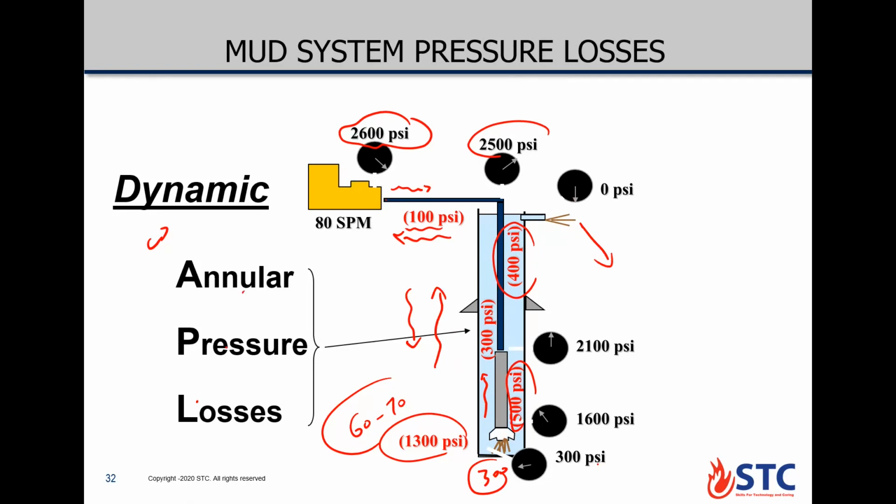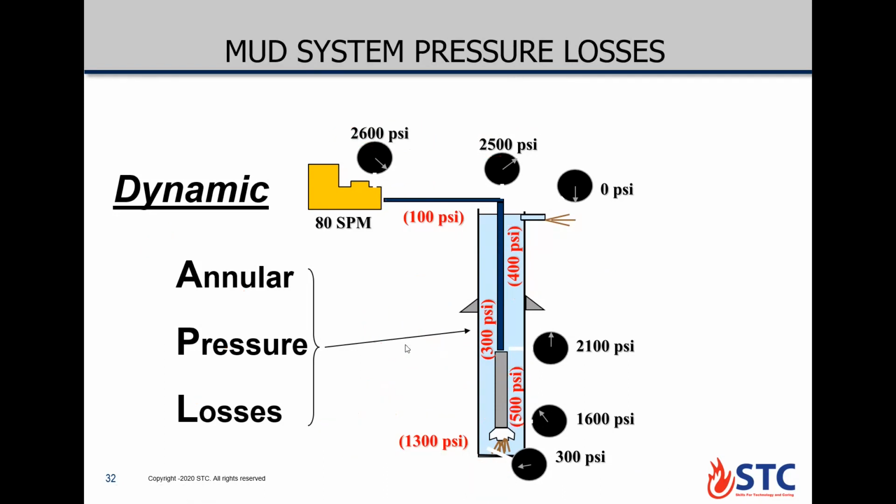So if we need to calculate our bottom hole pressure while the pump is running, we need to take this pressure loss into consideration. The fluid moves from bottom to top, so we have a pressure loss called annular pressure loss, or APL.